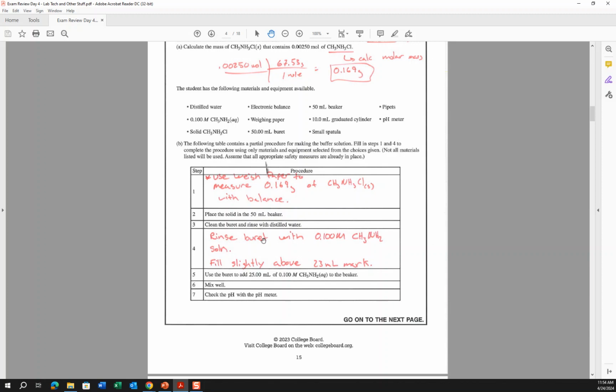Because if you don't, the droplets of water from the washing with distilled water will dilute the solution you load into it.